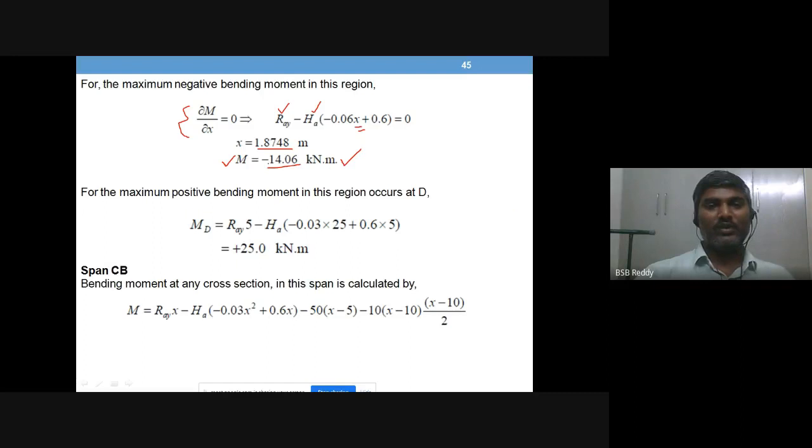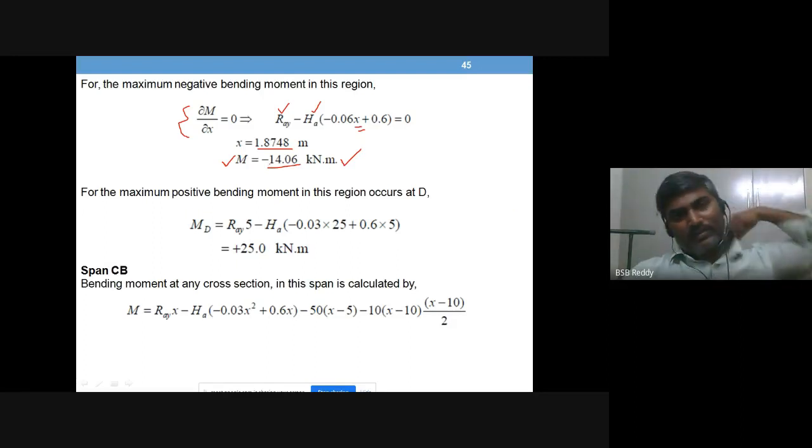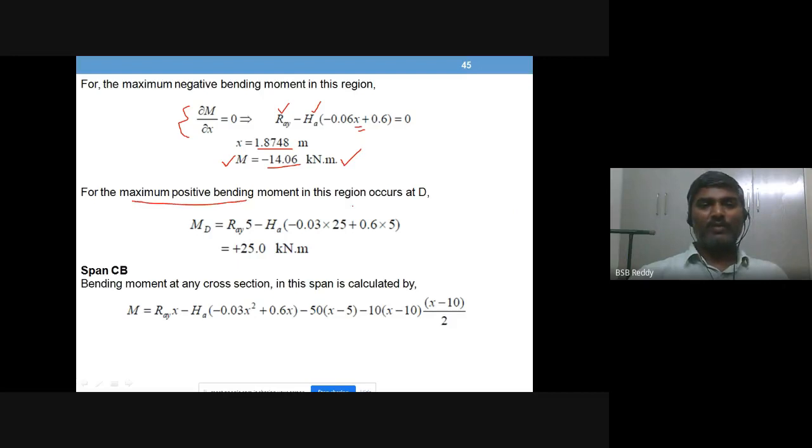So you observe here it is hogging. Okay, next. For portion CB, even by observation you can see that this is a maximum negative moment, and a maximum positive is possible in region AD.